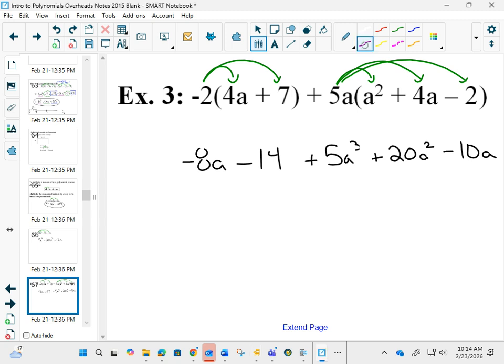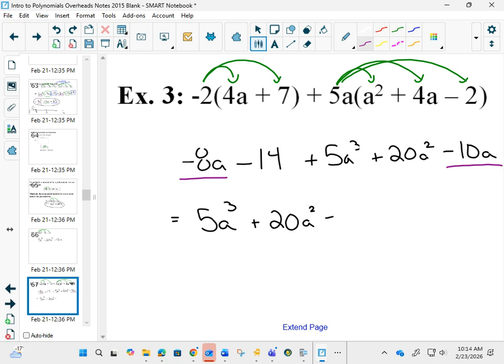Then if we look here, this is a like term with this, but nothing else are like terms. So for the final answer, I always start with the highest degree, so I'm going to write the 5a cubed first. Then I'm going to write the plus 20a squared. The minus 8a and the minus 10a are like terms.